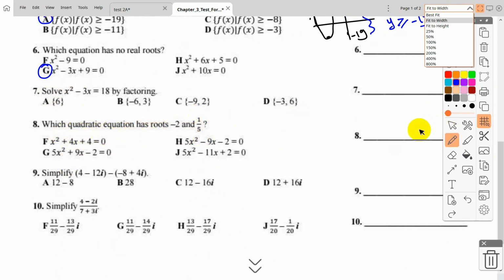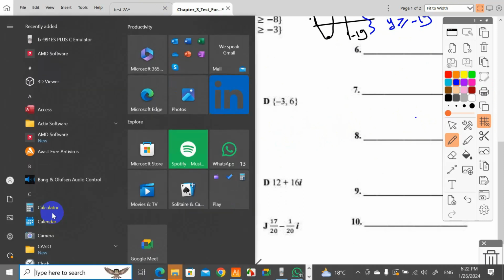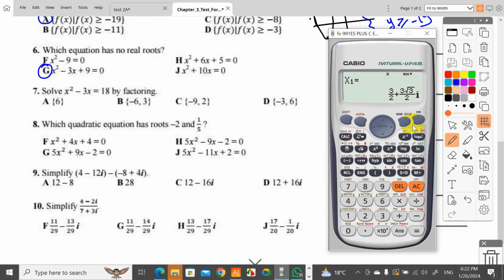We can try the choices using our calculator. Mode 5, 3, and if the answer is -2 and 1/5, I'll choose the right one. Let's try using our calculator. Here I'd write 1, then 4, then 4.